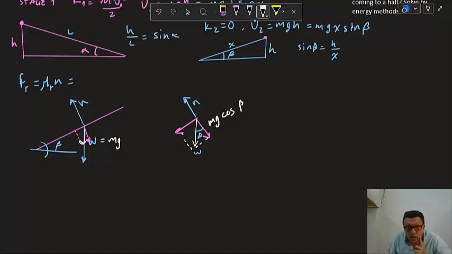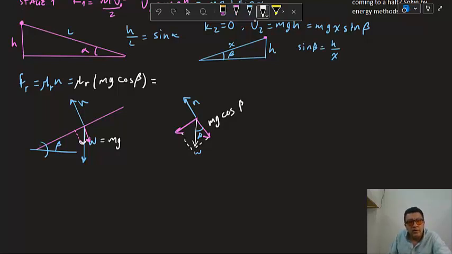With this reasoning we can write the new expression: mu r times the normal, which is mg cosine of beta.